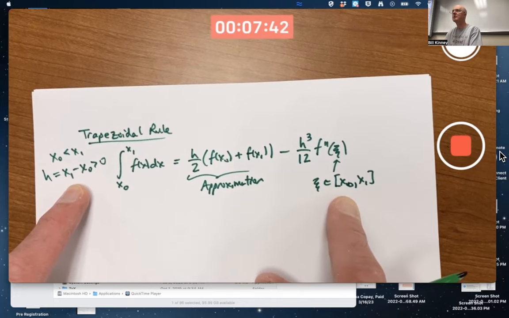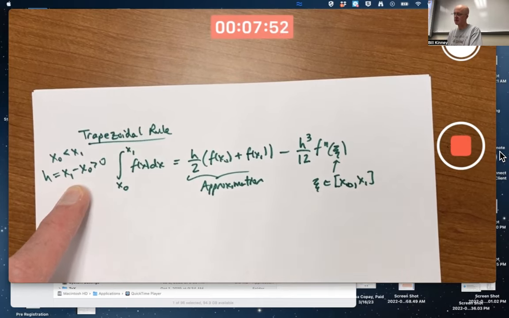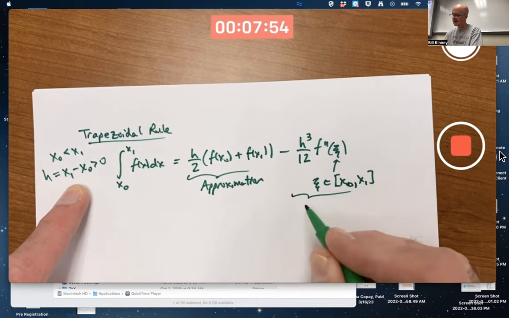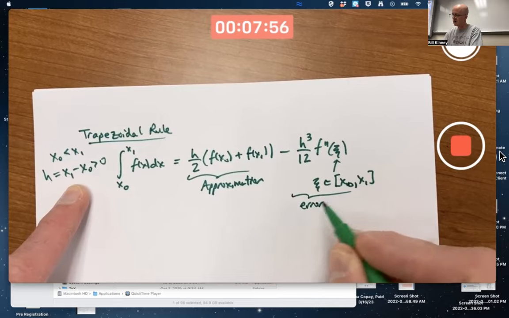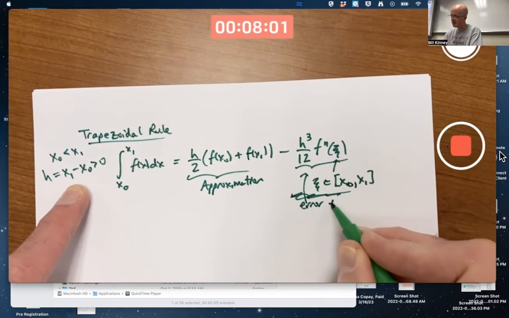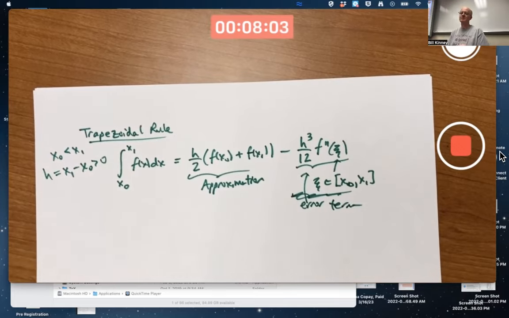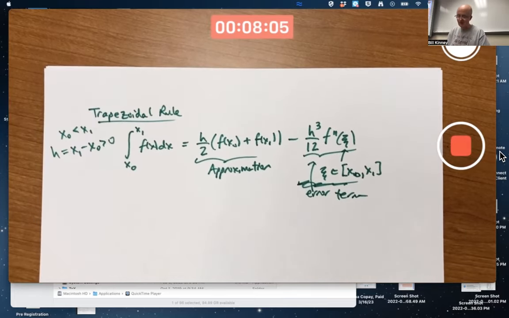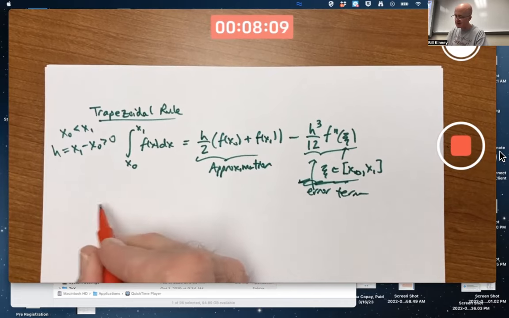And as long as that second derivative doesn't get too big on the interval, which in theory it could, but as long as it doesn't in most ordinary situations, then in absolute value, this error term is going to be relatively small. Yeah, that's the error term. Well, maybe I should say this is the error term right there.